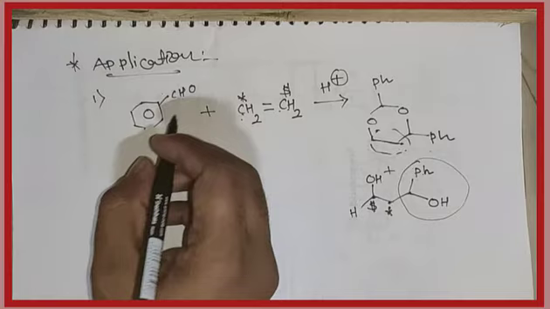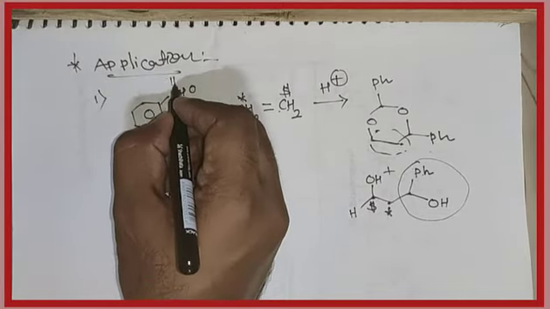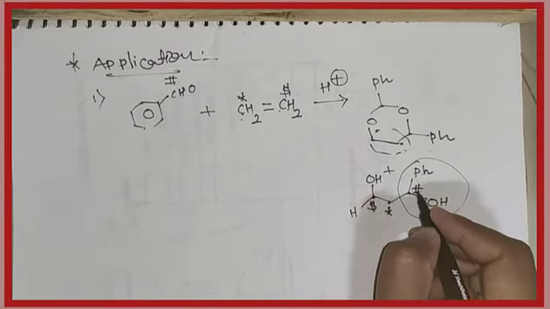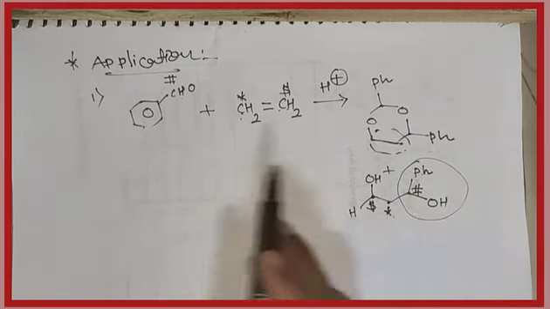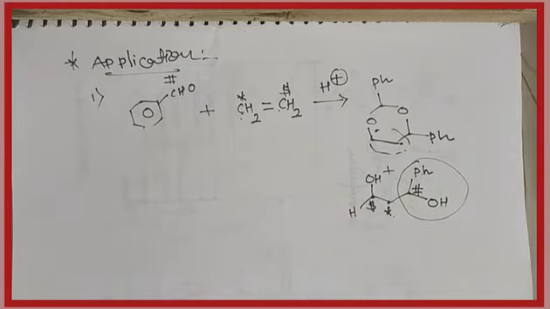Clear? Suppose I am designating this carbon as hash. So this is this carbon. Clear? I am just giving these signs to differentiate the positions of alkene and carbonyl compound. Clear? So you can write up the mechanism as we discussed earlier, right?